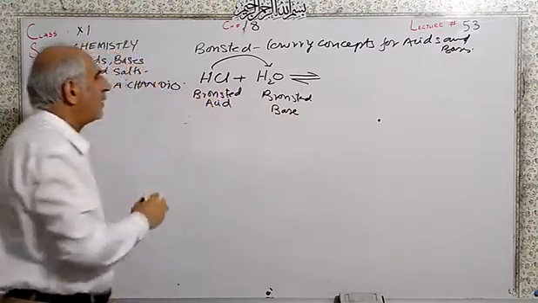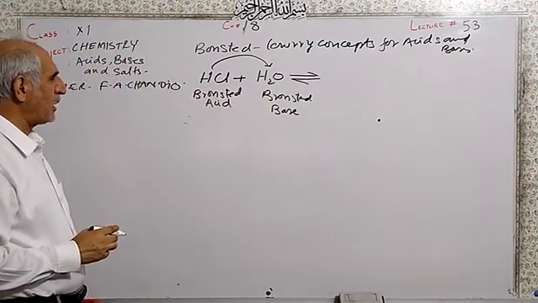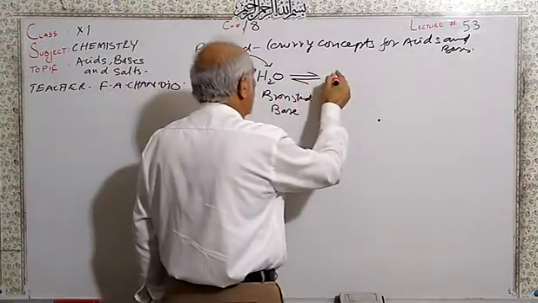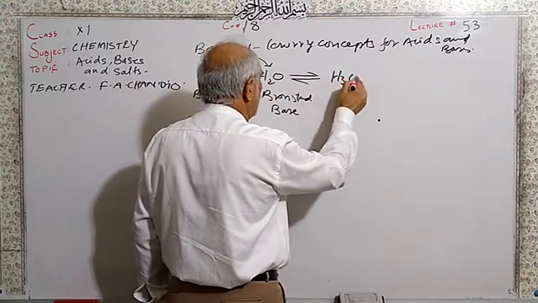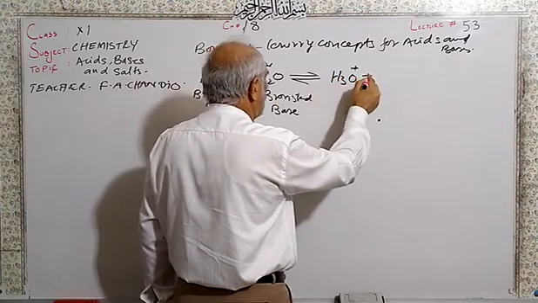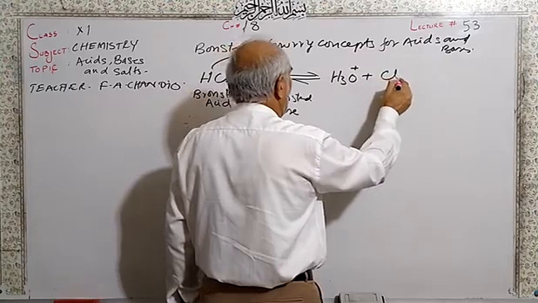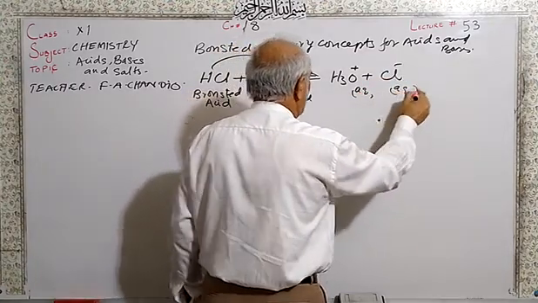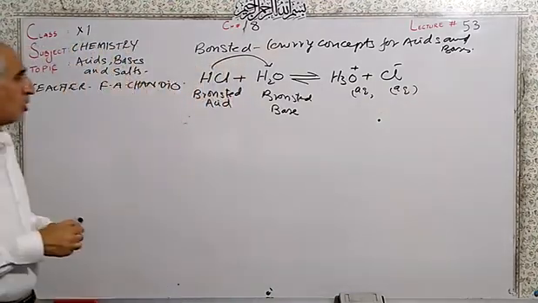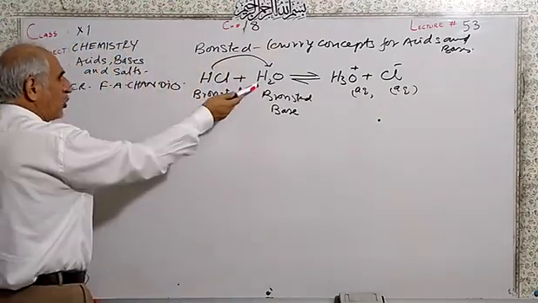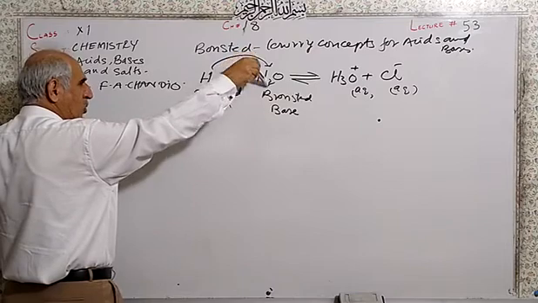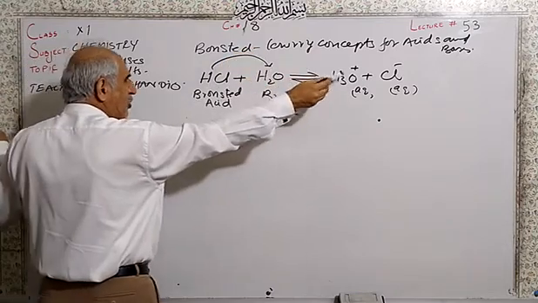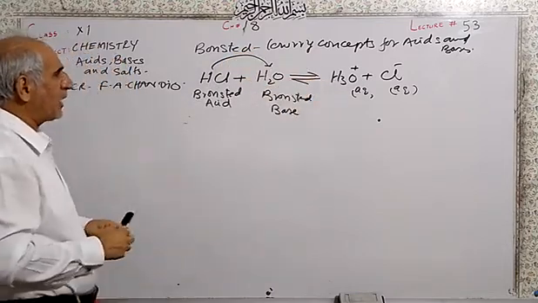Here, water is a base, it accepts a proton to give a hydronium ion and chloride ion. You can see that water has two hydrogen atoms and changes into three hydrogen atoms.